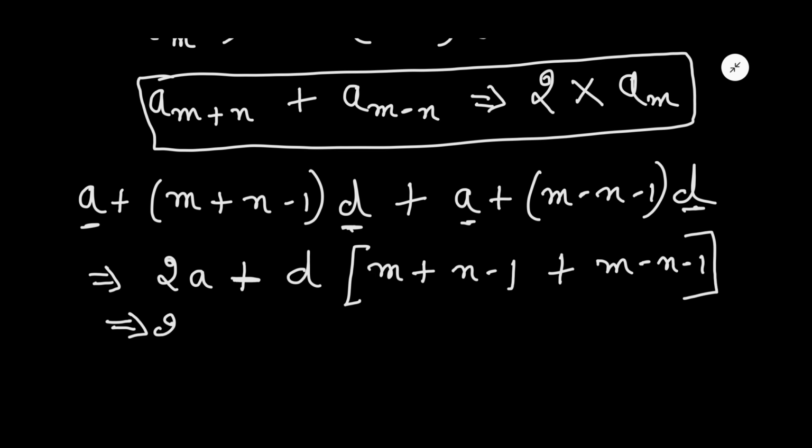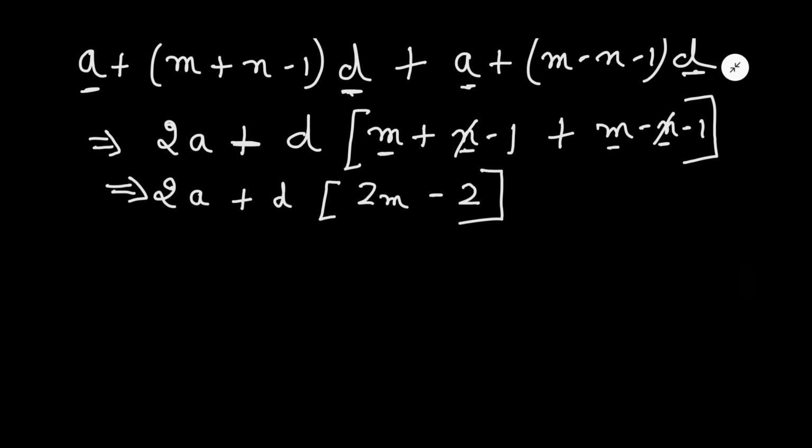So here 2a plus d, m plus m is equal to 2m, n minus n is 0, and minus 1 minus 1 is minus 2. If we take 2 as common, m minus 1.